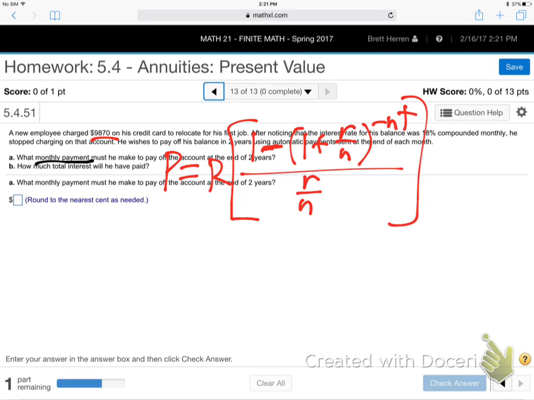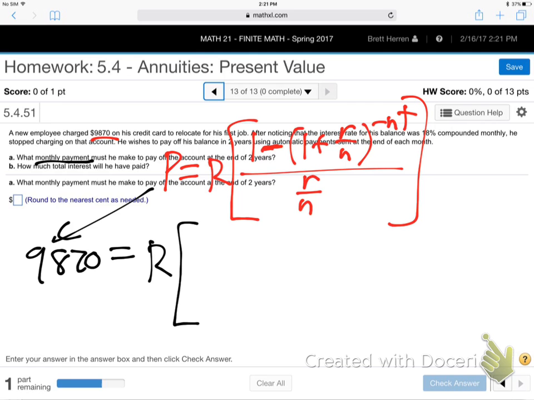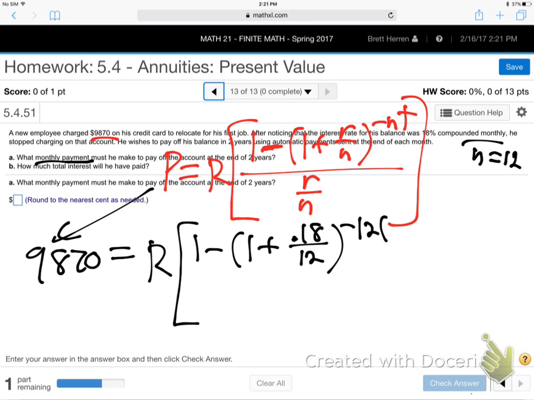We're trying to find the R. So the present value is $98.70. The payments we're trying to find. 1 minus 1 plus. The interest rate is a whopping 18%. N is 12, isn't it? Yeah, monthly. N is 12. To the minus 12. What's time? 2 years, right? Wants to pay it off in 2 years.